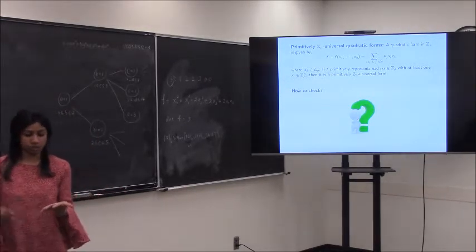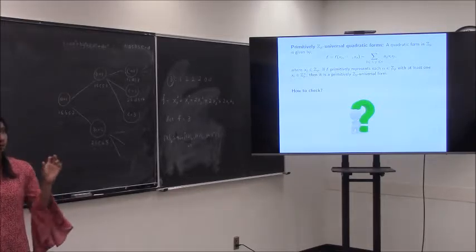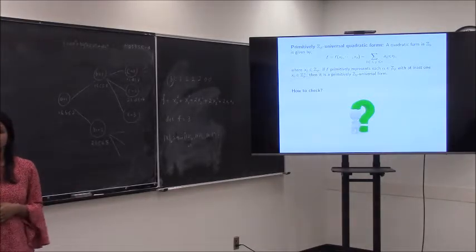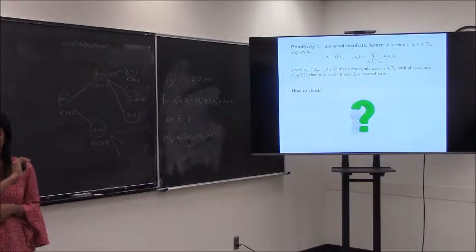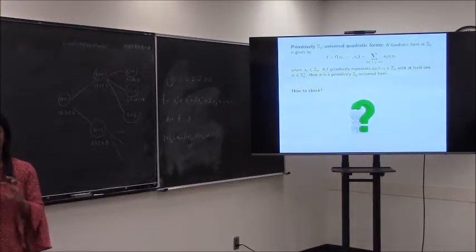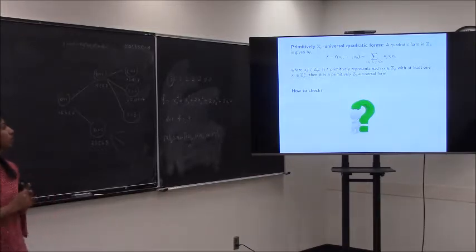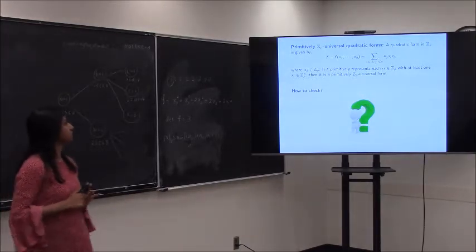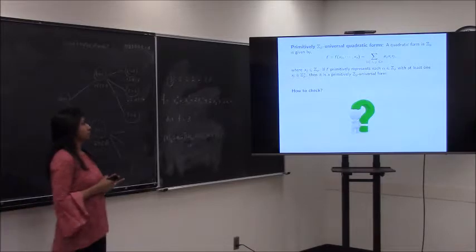So when you choose integers to represent a given number, you have to have at least one of these integers in Z_p be a unit. In this way, you can identify whether this representation is going to be primitive or not.